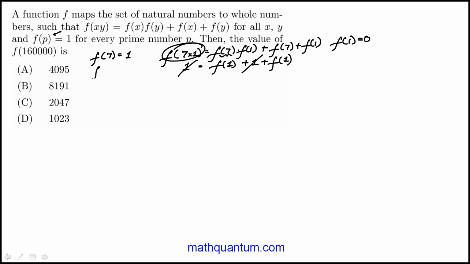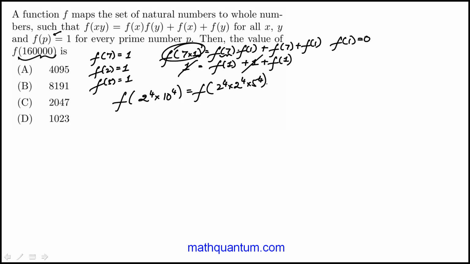But then I know that f of 2 is 1, f of 5 is 1. And the question is, how do we get to this? And the key insight was to think of it in terms of the prime factorization. So 16 is 2 to the 4, and then we have 10 to the 4. So I can write this as 2 to the 4 times 5 to the 4, or 2 to the 8 times 5 to the 4.